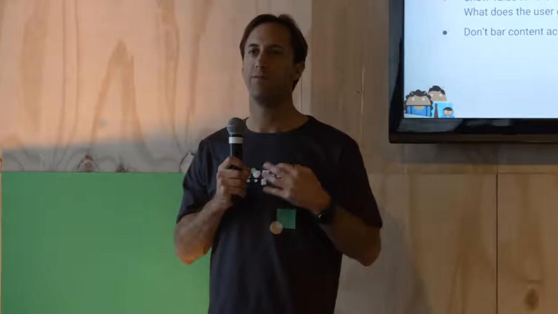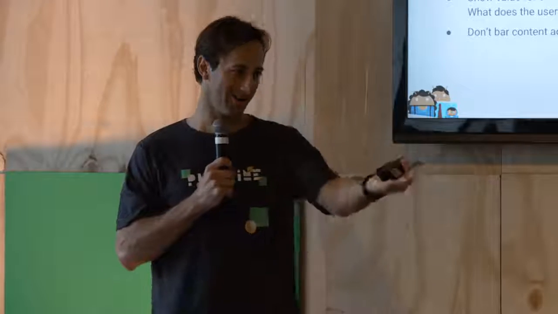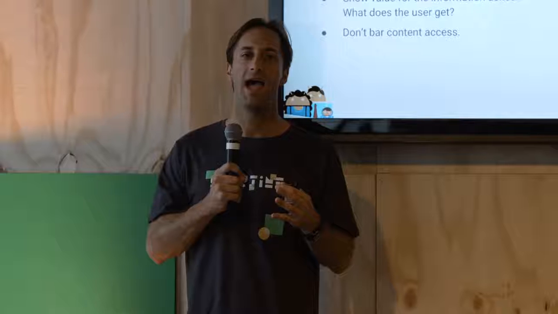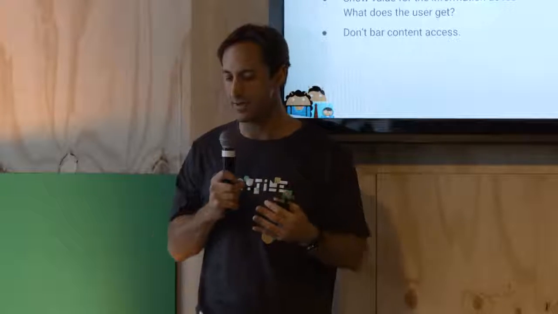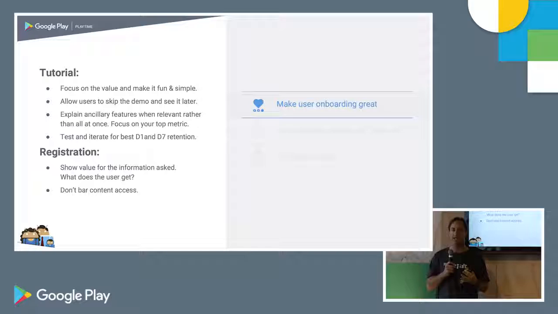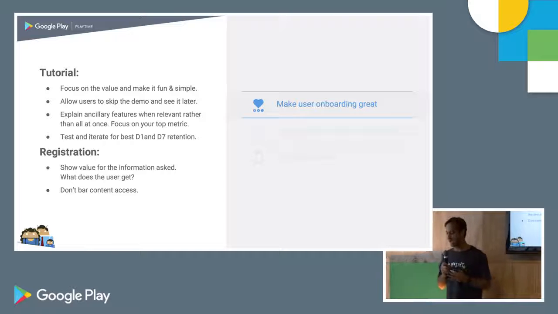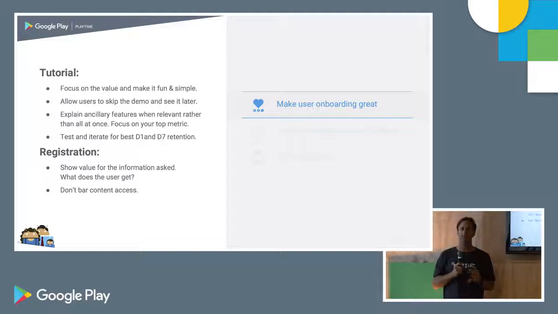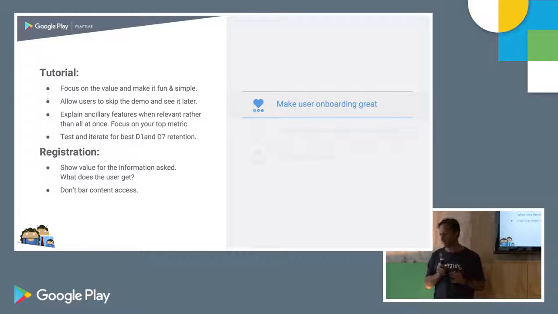So to start off, how to make user onboarding great, and thank you again for your presentation. So now that you've had a user download your title, it's time to make sure they keep using it. And thinking through the tutorial and registration is key. On the tutorial side, focus on the value and make it fun and simple. Also, allow users to skip the demo and see it later as an option.